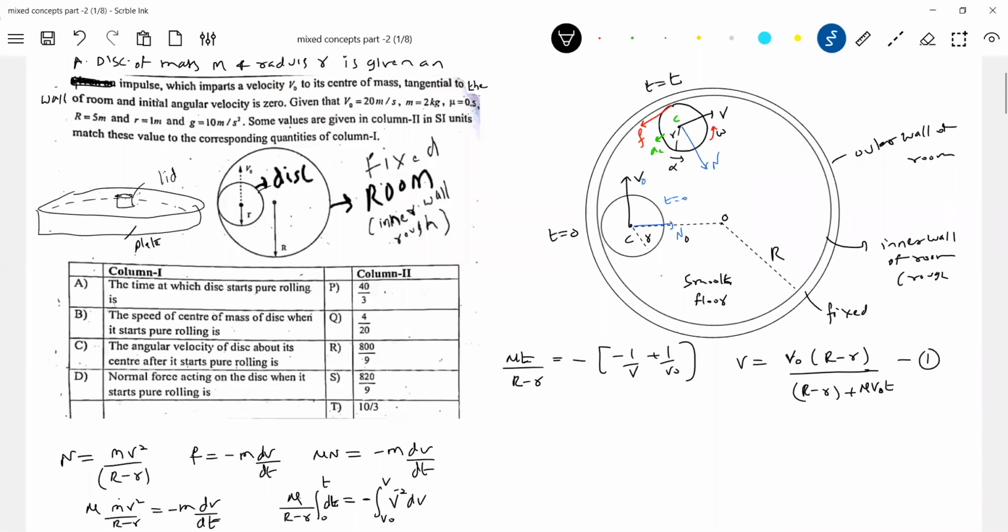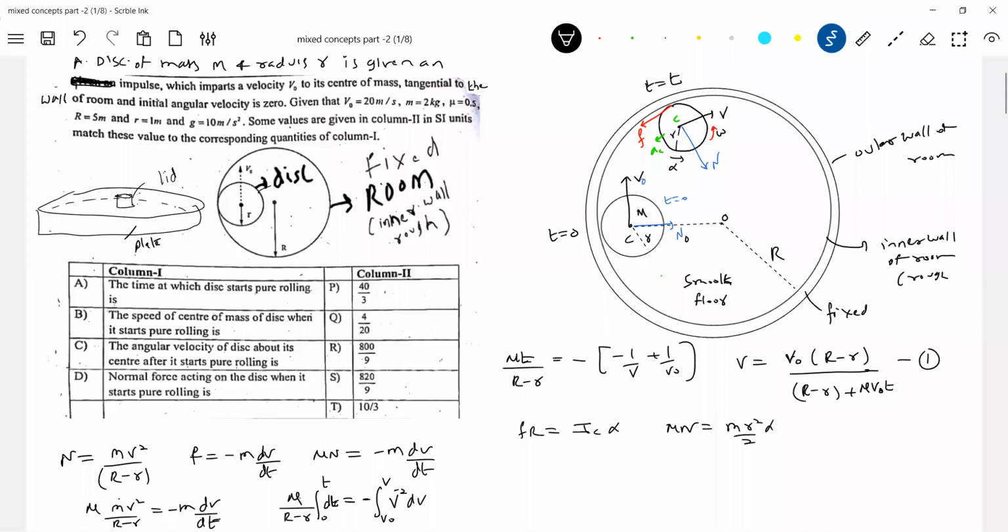Similarly, I want omega, which I showed. How to bring that omega? I know the friction torque about the center of mass: F into r equals moment of inertia I C into alpha. F is again mu N. Moment of inertia is m r square by 2, since it's a disk of mass m and radius r.